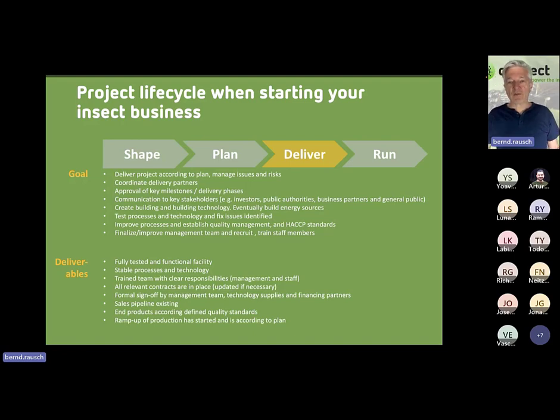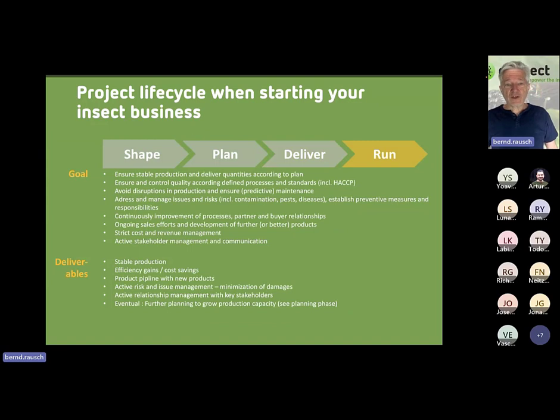Because even if it is fully automated, you will still need some people who maintain, clean, or fix problems. Okay. And the last step of the delivery phase is the acceptance of the installation, where you jointly with your partners go through and make sure everything is in place, so you can start and say go.